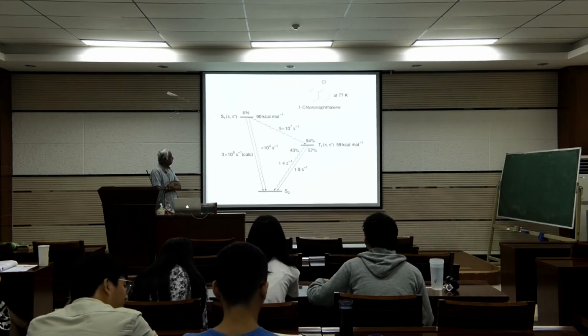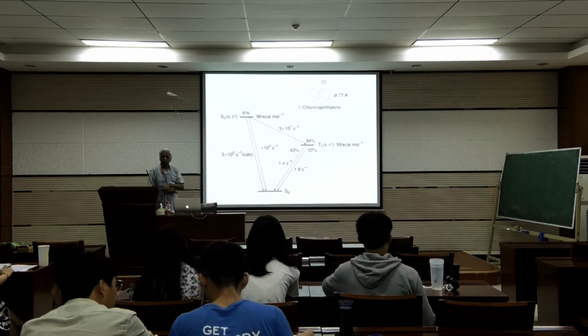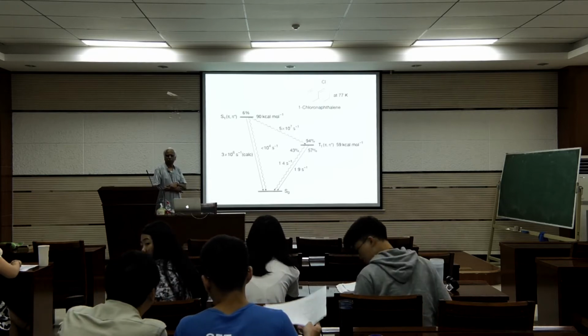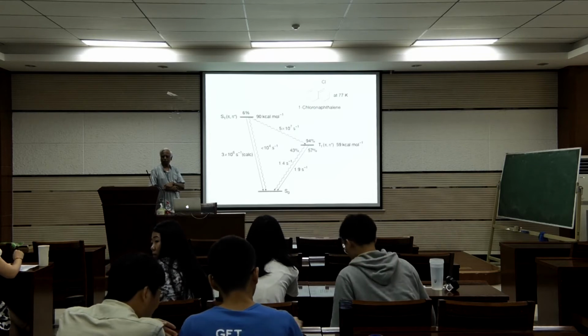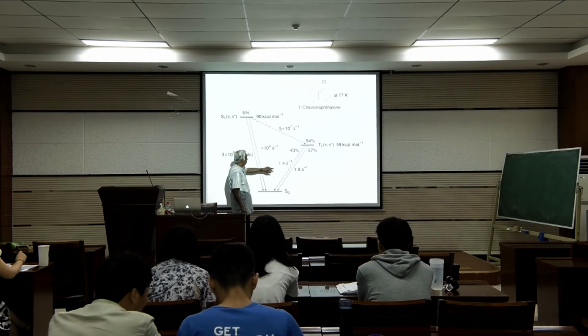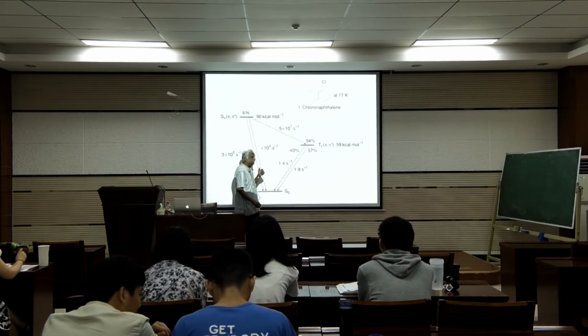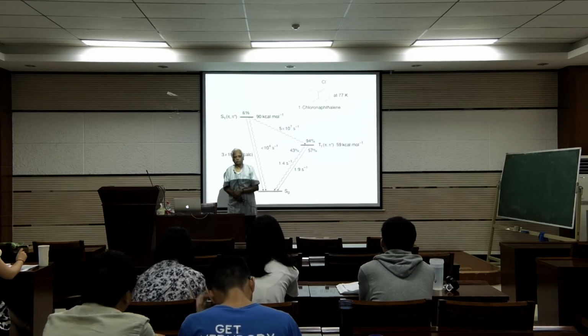Of these things, tell me which one is fluorescence, which one is phosphorescence. One, two, three, four, five. Tell me which arrow represents fluorescence.